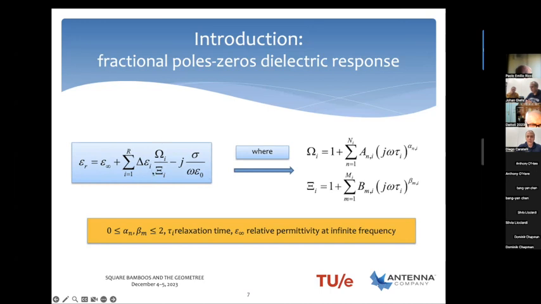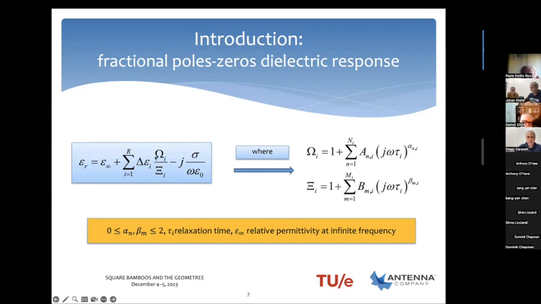One can recognize the linear combination of R fractional rational terms, capital Omega sub i over capital Xi sub i, where capital Omega and capital Xi in turn feature the fractional polynomial expressions reported on the right-hand side. These are polynomial expressions dependent on coefficients capital A and capital B with orders alpha sub i and beta sub i.